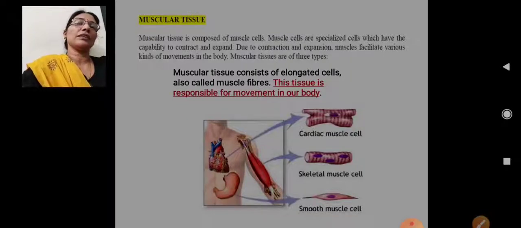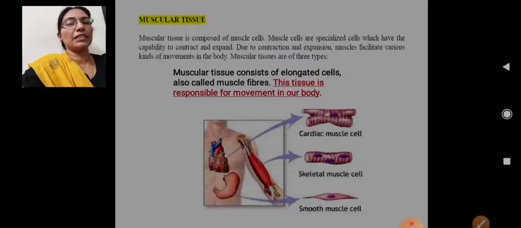So these are another type of muscles. In the alimentary canal there are smooth muscles. In the heart there is cardiac muscle. So these are involuntary muscles. But skeletal muscles are voluntary. They always act according to our will.